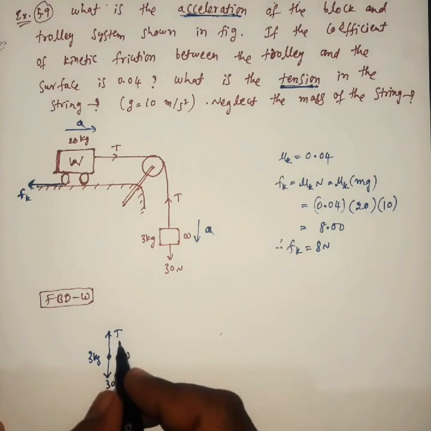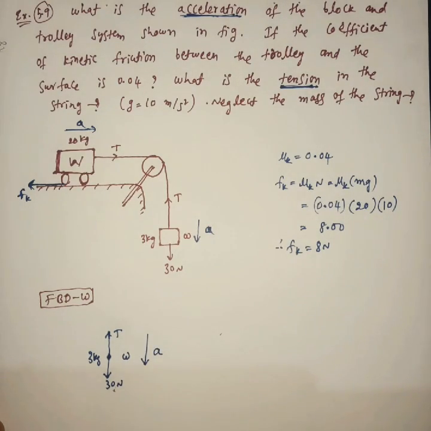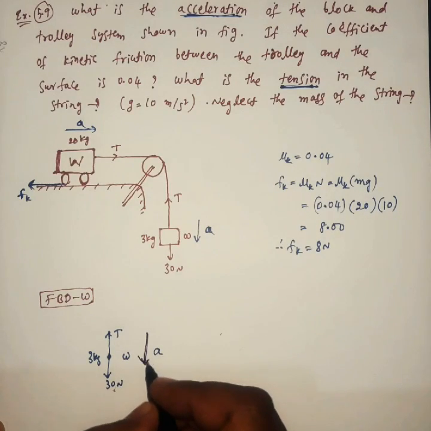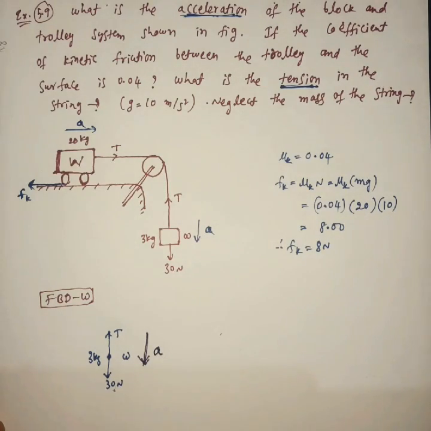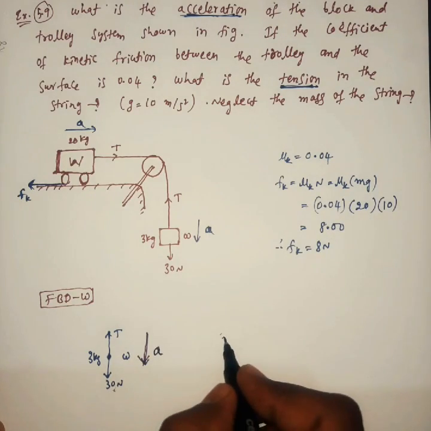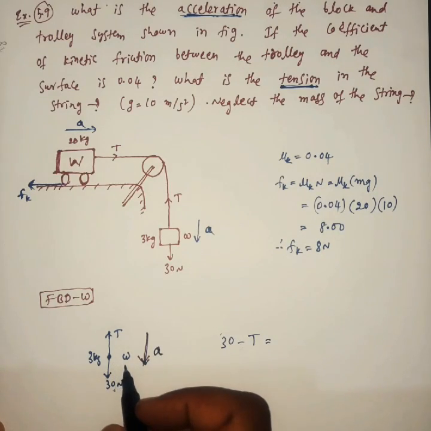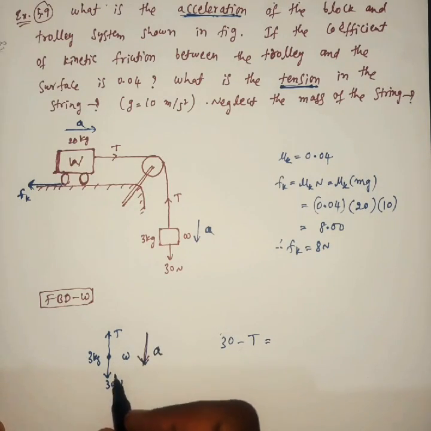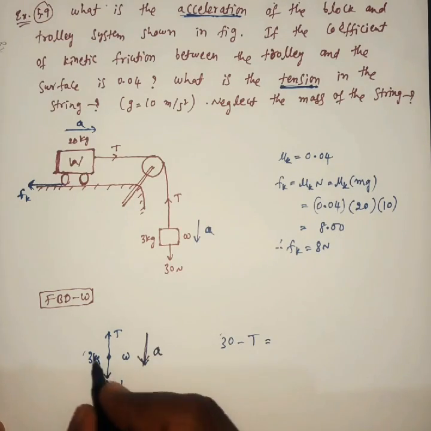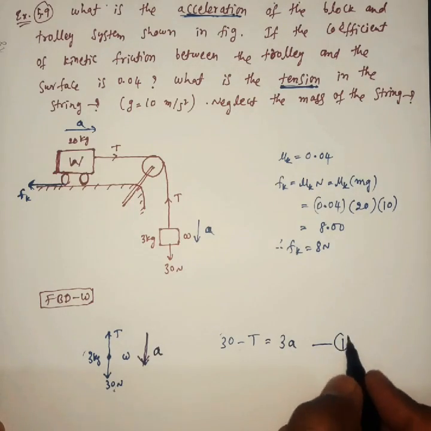So it is accelerated in the downward direction with acceleration a. So the net force, since the object is moving downward, is 30 minus T. According to Newton's second law, F is equal to ma, so 30 minus T is equal to 3 into acceleration a. Let us take this as equation 1.